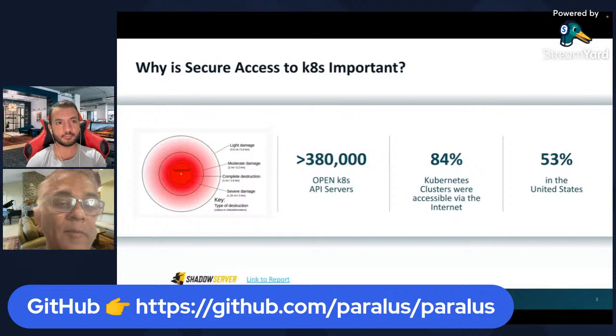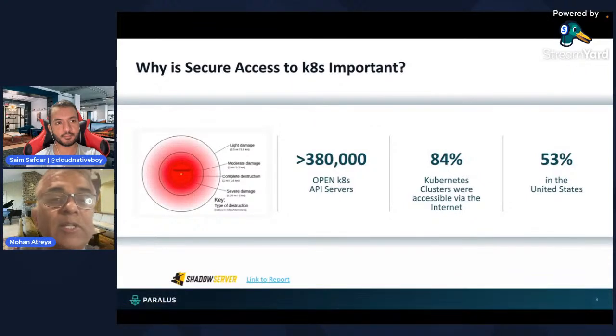And now we're not making this up. This is a report that Shadow Server published some time back, and they keep publishing it with updates. There's a lot of clusters on the internet, open on the internet. And a Kubernetes cluster, if you have its API server reachable on the internet, in some ways is game over, right?